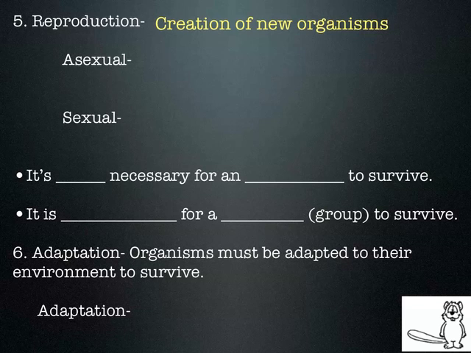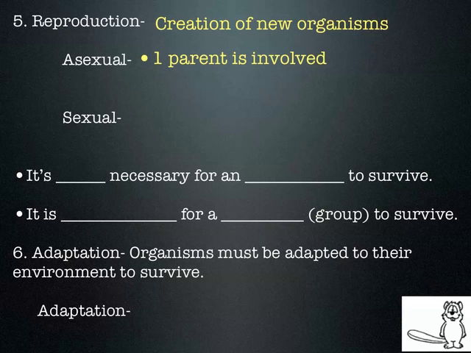Asexual reproduction generally happens in many simple organisms, simpler living things, things like bacteria, an amoeba, plants, but can also happen in some animals. In asexual reproduction, only a single parent organism is involved.